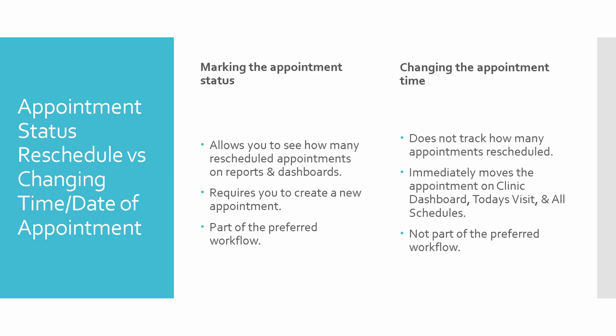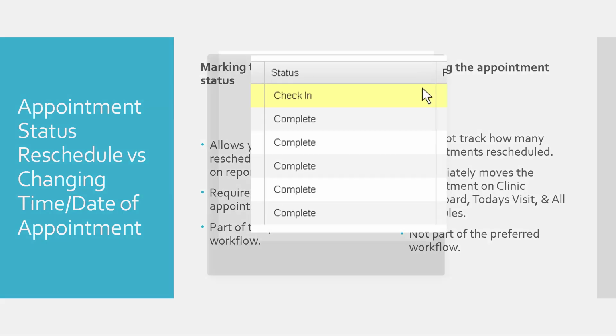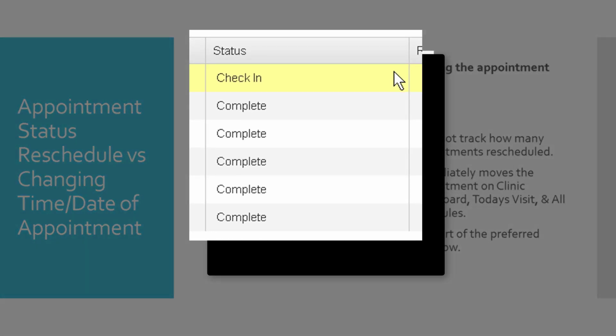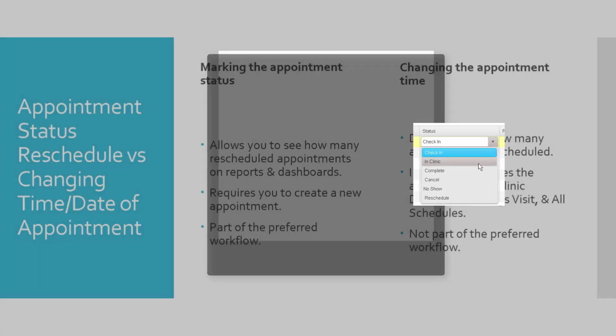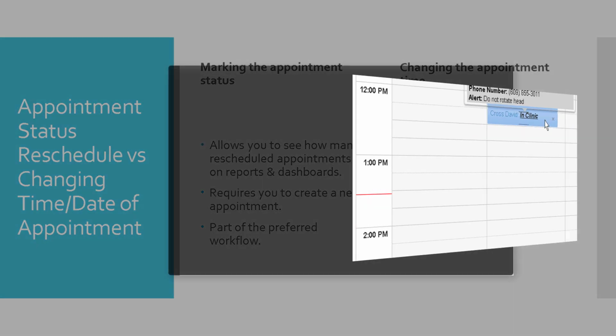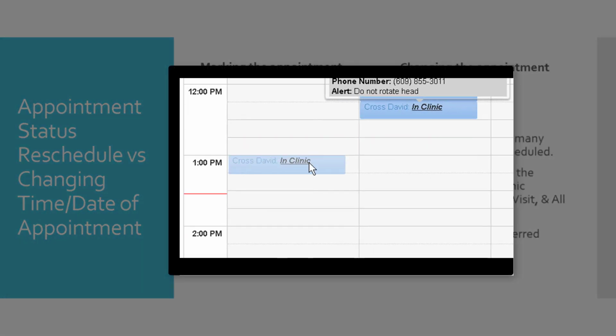Let's take a second to talk about the difference between marking an appointment as rescheduled and creating a new appointment, or just editing the appointment time or dragging it around on the schedule to reschedule it.